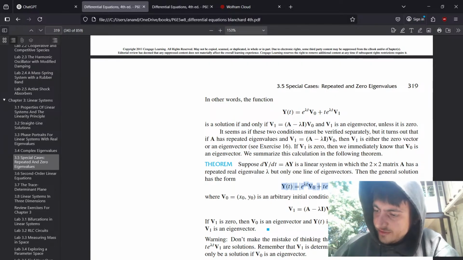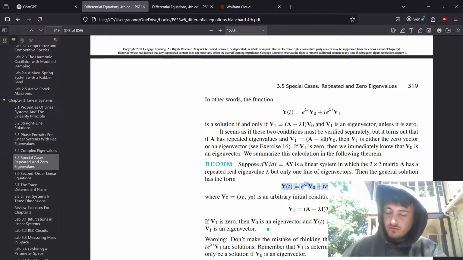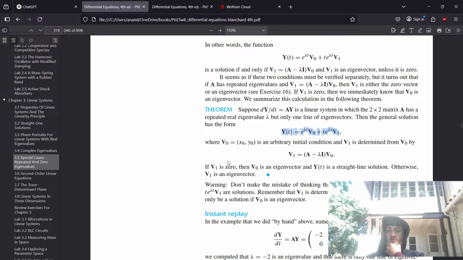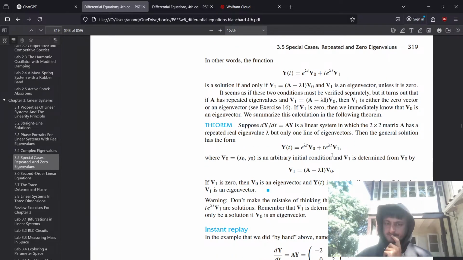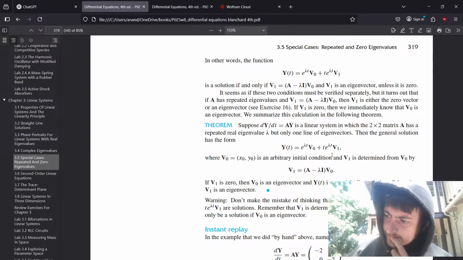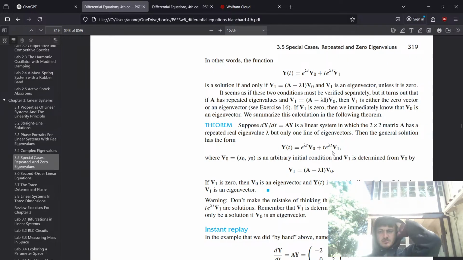If v1 is 0, then v0 must be an eigenvector. Okay, cool. Otherwise, v1 is an eigenvector. And why is that? Why must v1 be an eigenvector? But why is that last part true?